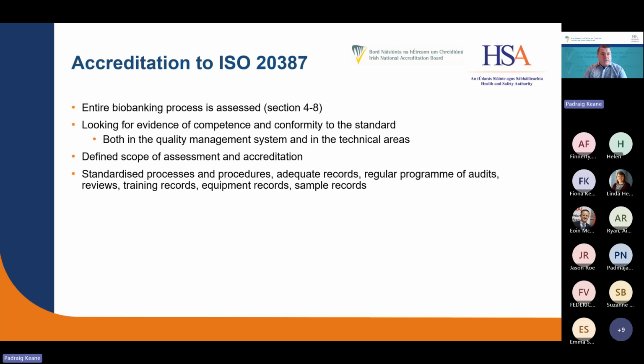At the accreditation assessment, the entire process is assessed at sections 4 to 8 of the current standard. So the assessment team will look for evidence of the competence of the laboratory staff and conformity to the standard.